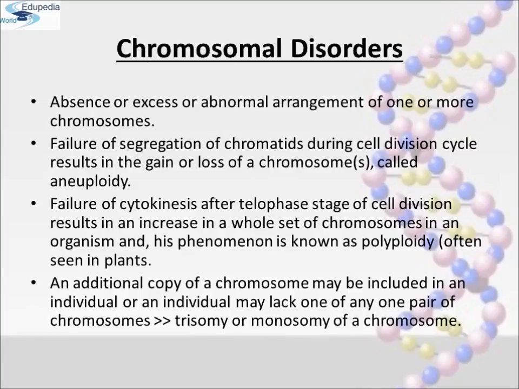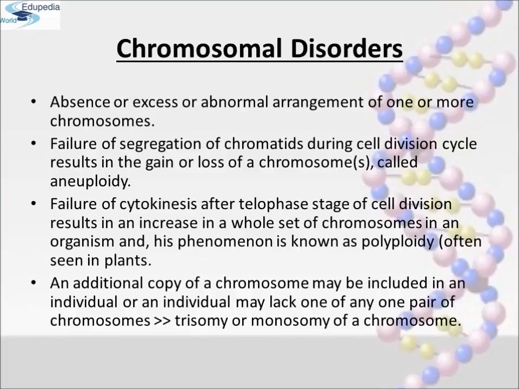Chromosomal disorders. Chromosomal disorders are caused due to the absence or excess or abnormal arrangement of one or more chromosomes. Failure of segregation of chromatids during the cell division cycle results in the gain or loss of a chromosome, called aneuploidy. For example, Down syndrome results from the gain of an extra copy of chromosome 21.